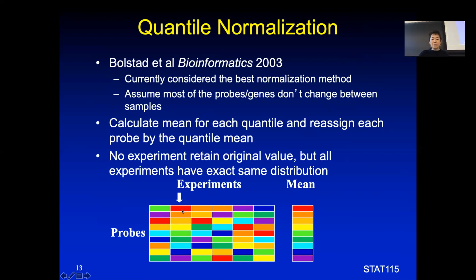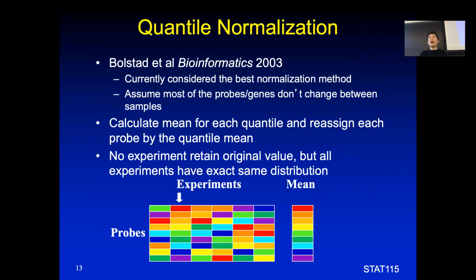This probe might be the best in the second sample, but it's not the best in the third or the fourth samples, right? So it will be a different value, but basically after normalization, the highest scoring probe in every sample will have identical value, which is this mean. The second best value in all of the arrays will have the identical value, which is the second in this column. Okay, so this way, the assumption holds.